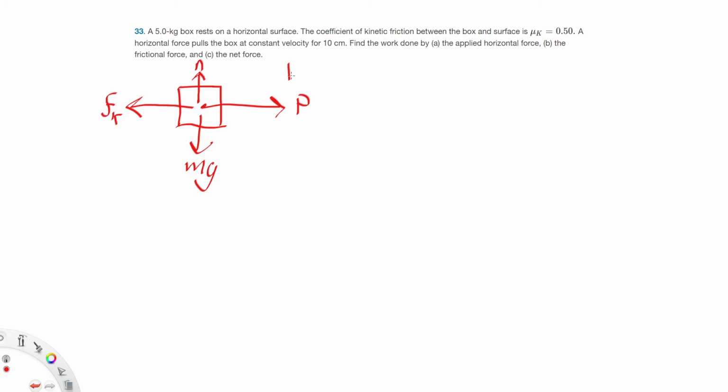For simplicity, let's define our coordinates. Say positive x is to the right, positive y is up. And we don't really have any vectors to break down, so let's just list off our forces in vector form. So our normal force is nothing in the x direction, all in the y.